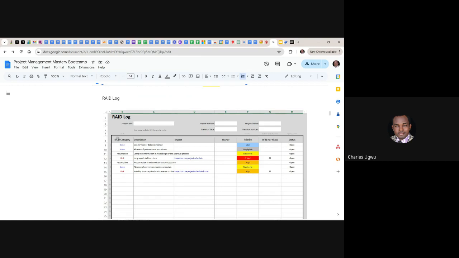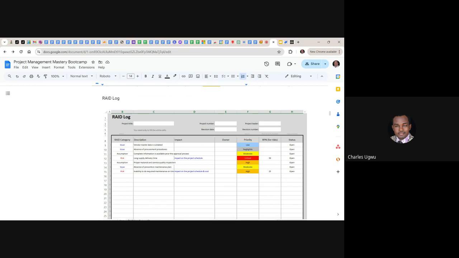RAID is a technique in project management, and not only in risk management. This RAID log helps us to have everything related to issues, assumptions, risks, and dependencies in one document.